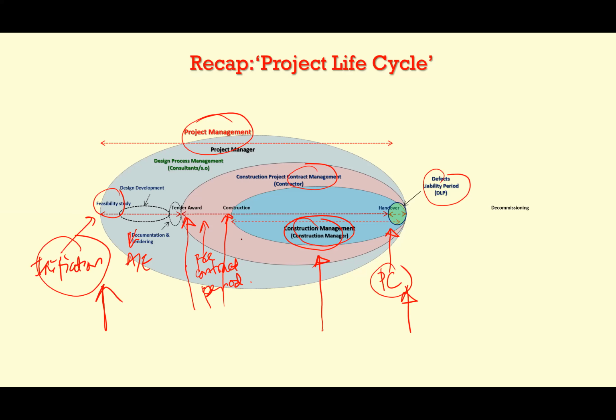So the contractor must complete the project within the budgeted or contractual amount. Okay. And then now comes the safety and health. So my focus, the second half of the semester, is about this thing only.